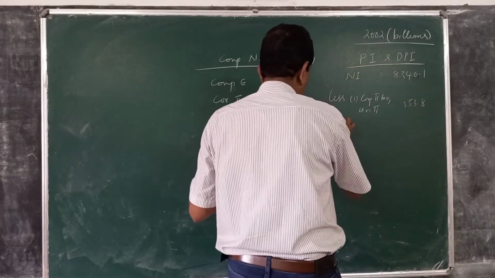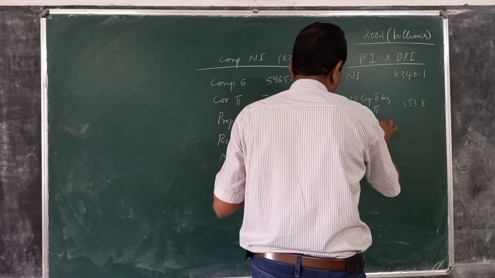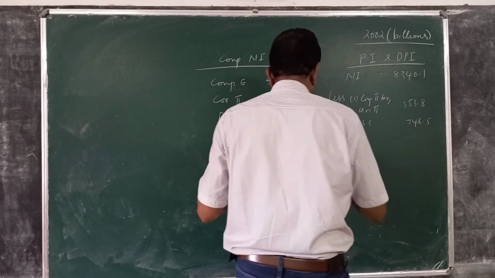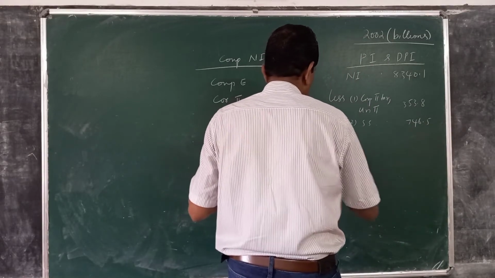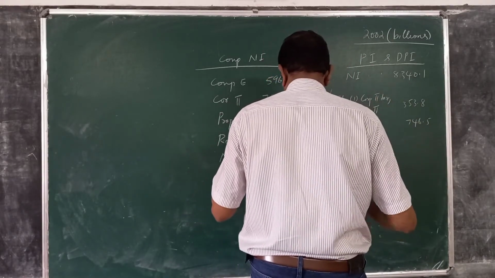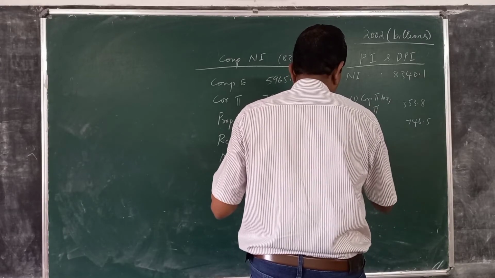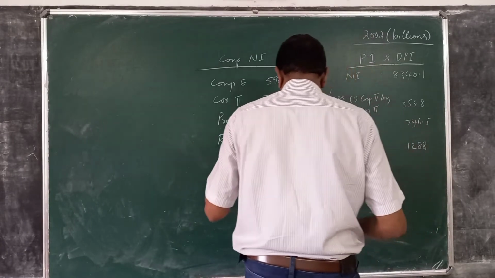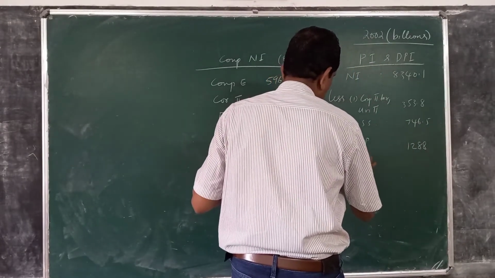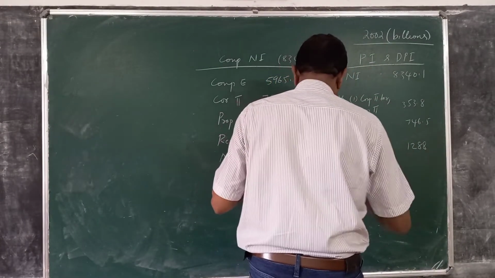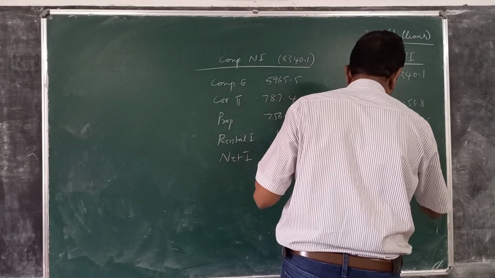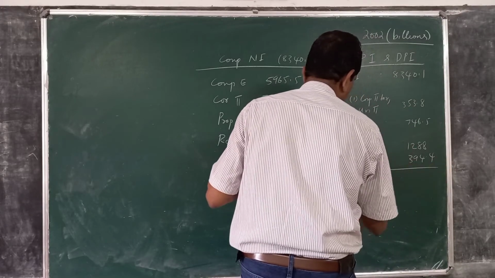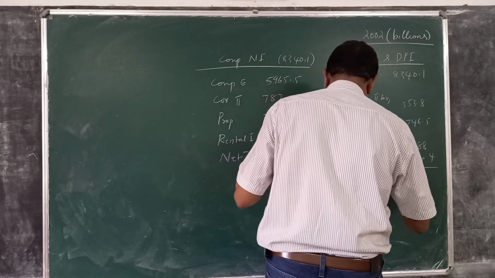Then contribution to social security 746.5, plus we add to national income transfer payments, that is 1288, and personal interest income 394.4.